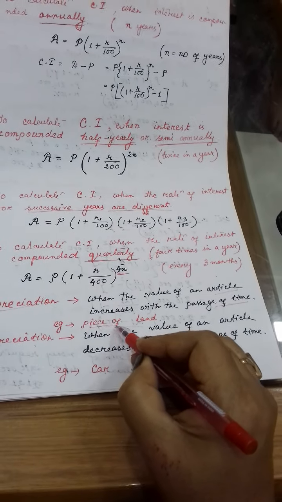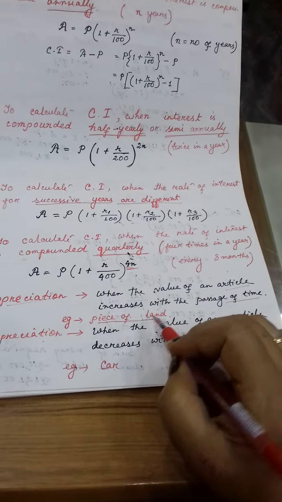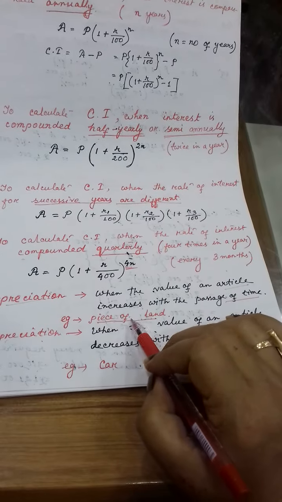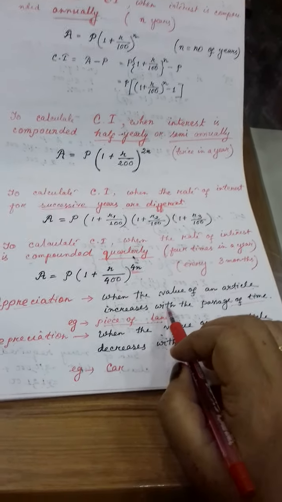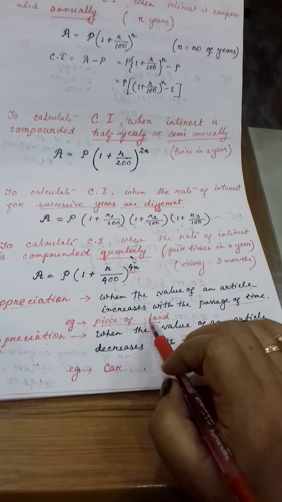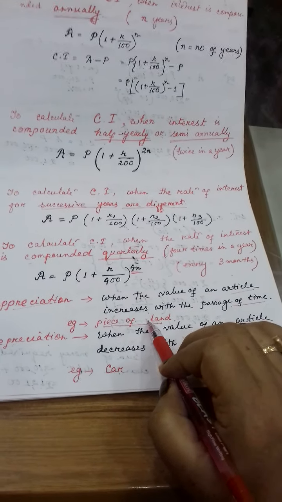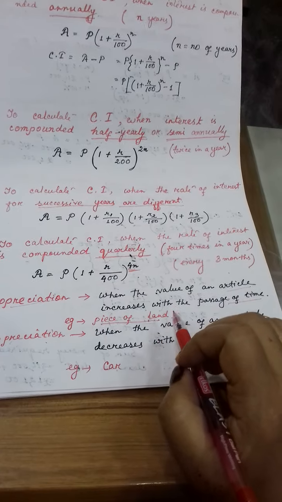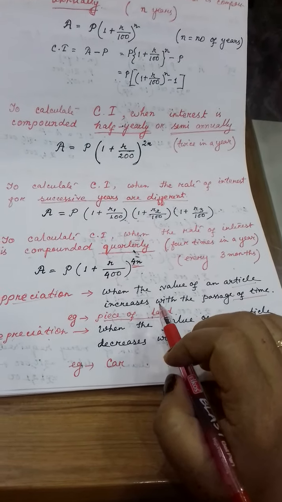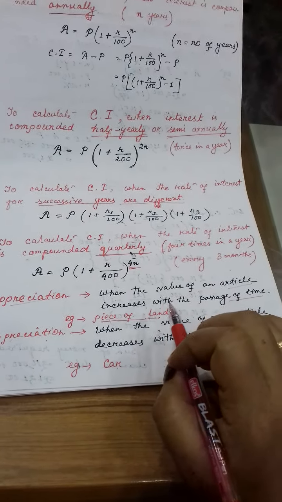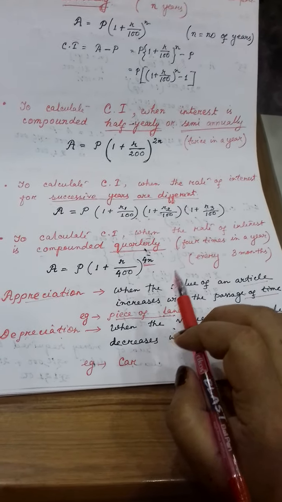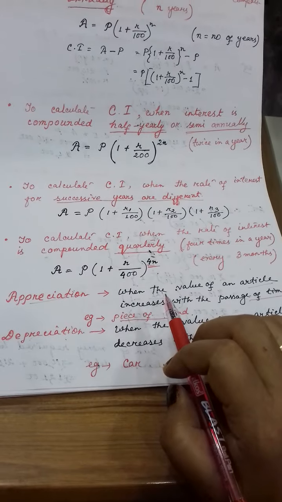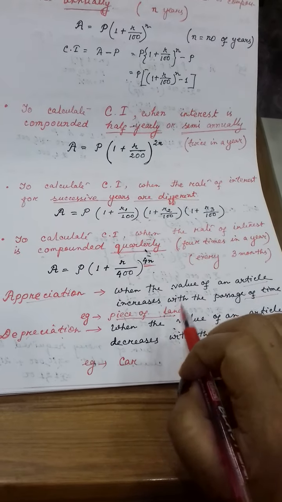Now see here, one example I have given, piece of land. All of you know, land value never decreases. It always increases. Suppose you purchase a land today. After 5 years, if you want to sell the land, then automatically you will charge an extra amount compared to the amount by which you purchased the land.